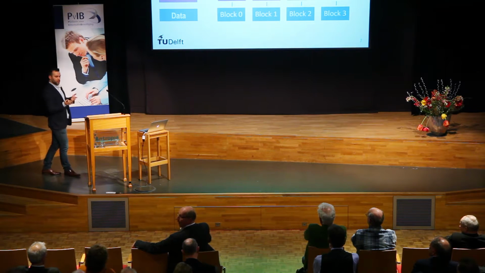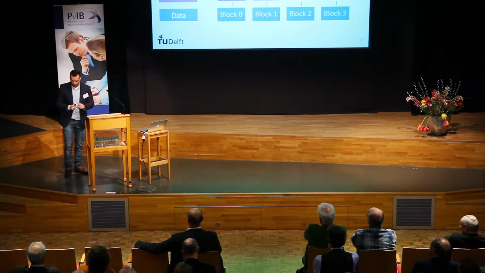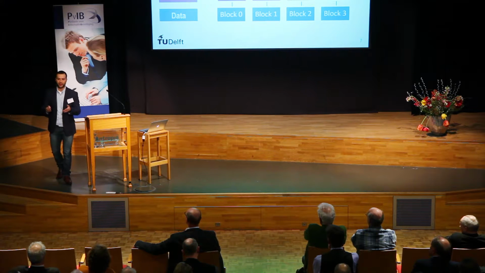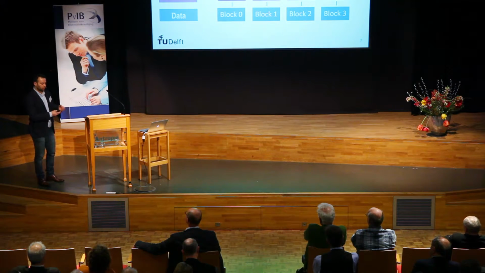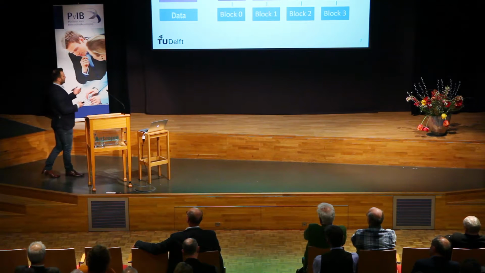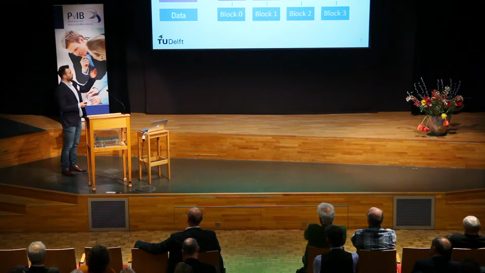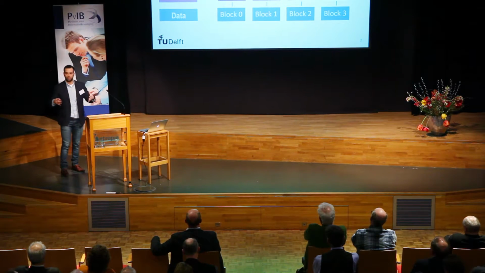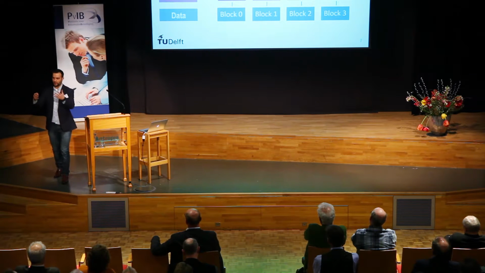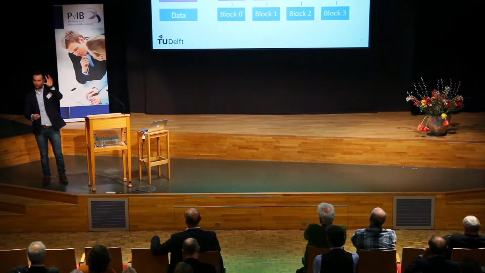So a hash is a digest of an input: an arbitrary length of input is fed to the algorithm, and you get a small digest. Each block is hashed, and the hashes of two blocks will be, again, hashed, and you build a binary tree. At the end, you will have one single root, and this root is the authenticator.